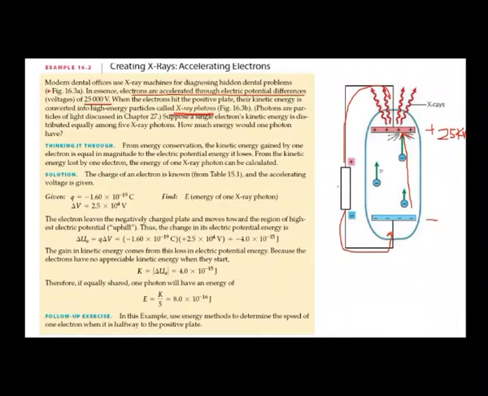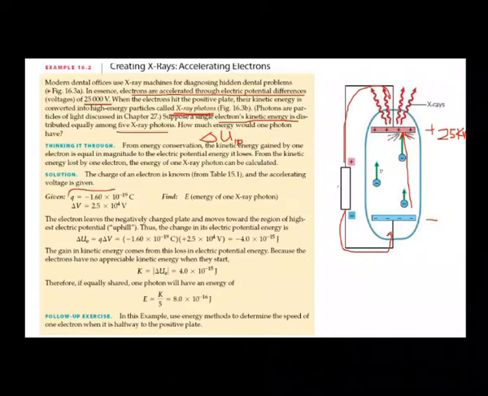Suppose a single electron's kinetic energy is distributed equally among 5 X-ray photons. How much energy would one photon have? We are talking about energy, so delta U. How much delta U does one photon have?